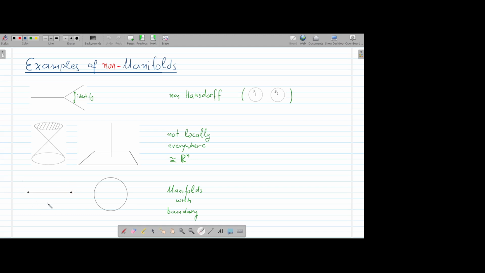So this is not a manifold, but it is a useful space, and we call it a manifold with a boundary. Similarly, if we consider a disk on the plane, and we include both the interior and the boundary, which is a circle here, then we obtain a disk with a boundary, which is also not a manifold, but it is a manifold with boundary.